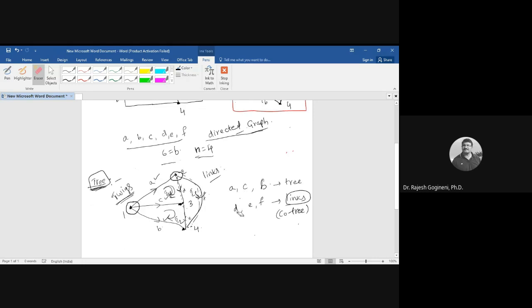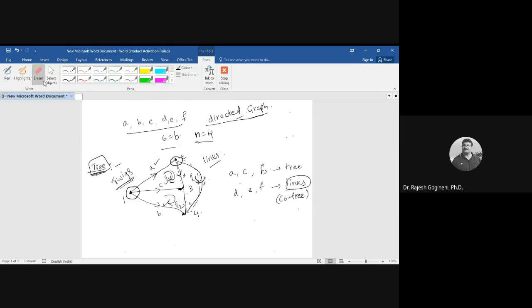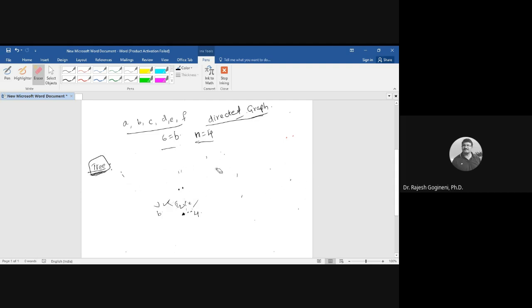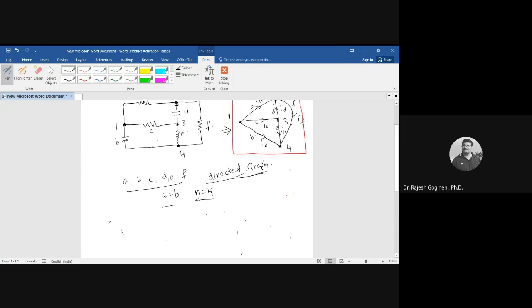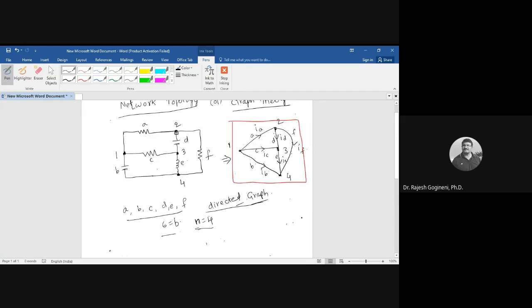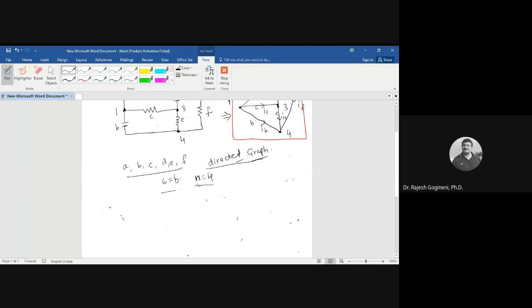This one. Is it clear? Shall I write again? Write the incidence matrix. So how many nodes are there here? 4 nodes.